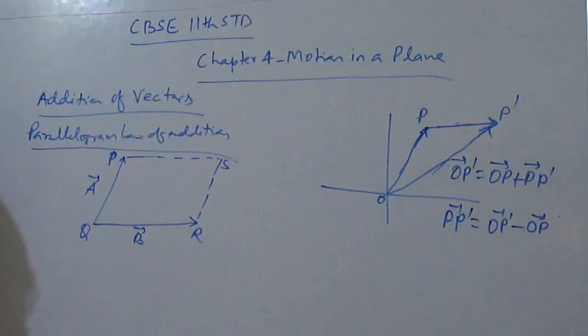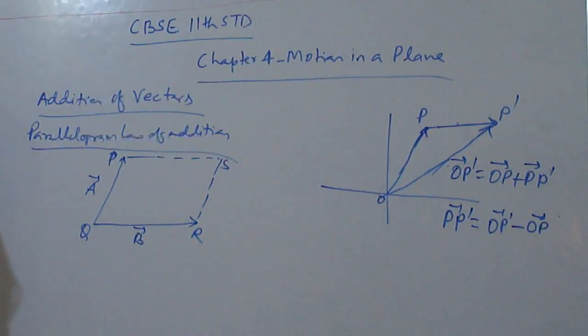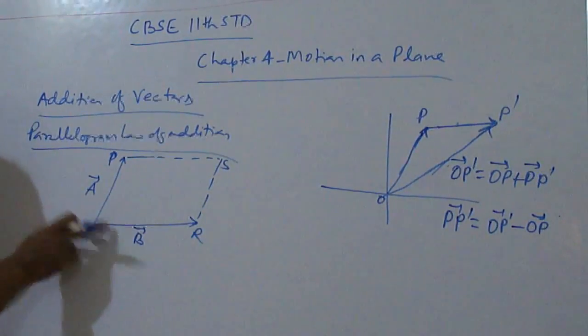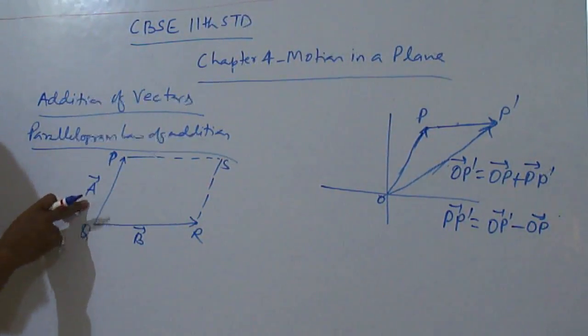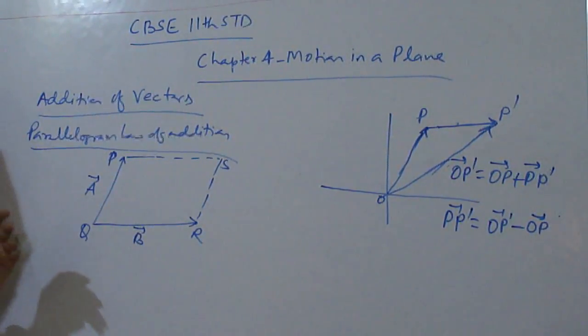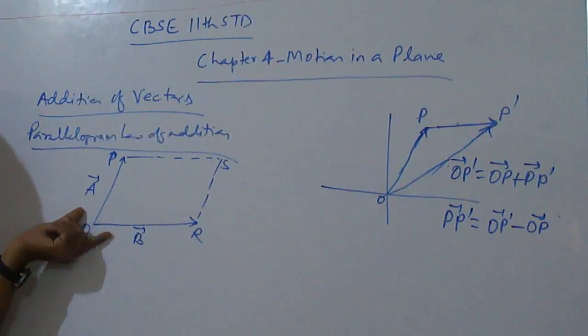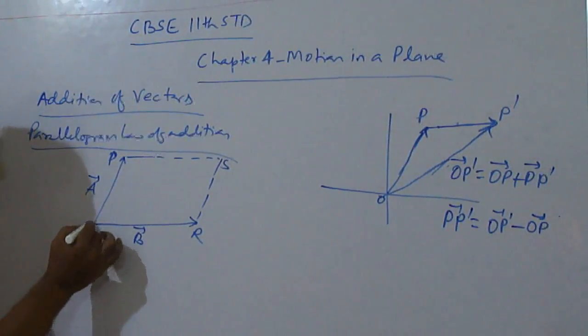You need to represent the two given vectors on consecutive sides, so that both their tails join each other. Understood?